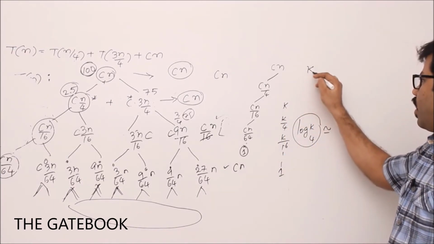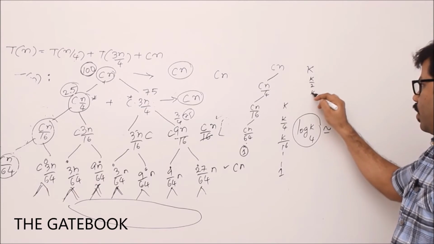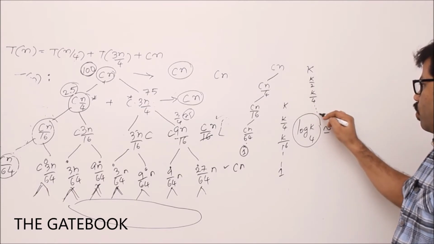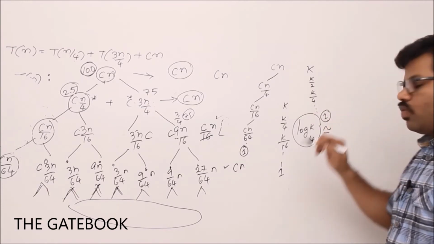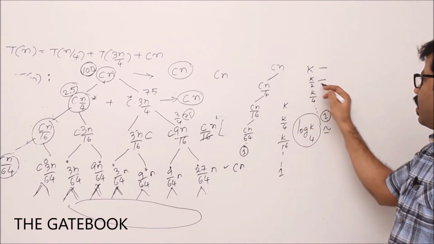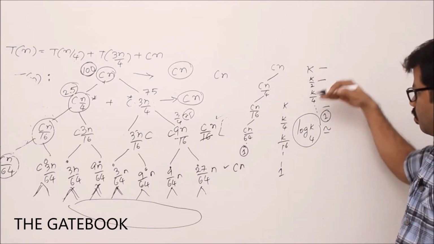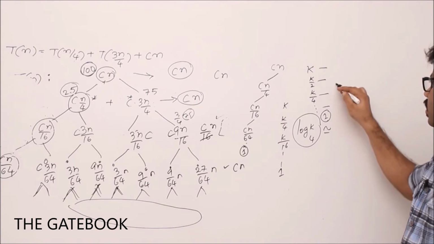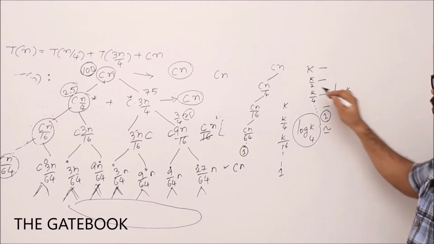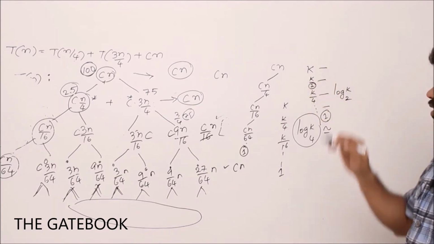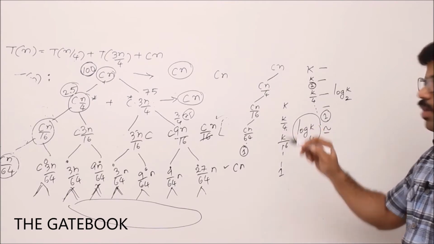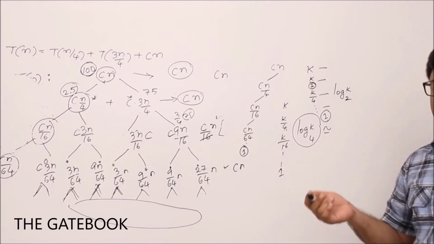Example, if you have a value k, every time if you divide by 2, like k by 2, k by 4, and after some time it becomes 1, then if you want to know the number of iterations, like how many steps we have to do, that is exactly log k base 2. Here every time you are dividing by 4, then it is log k base 4. That's it.